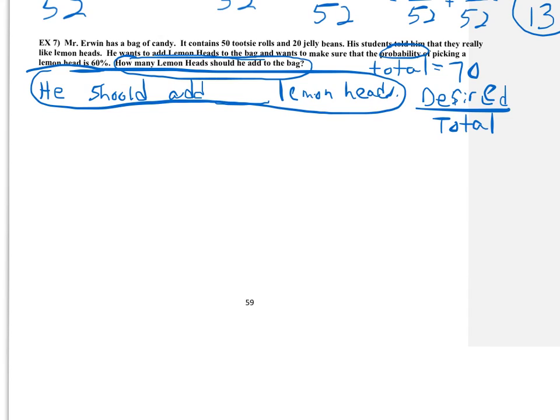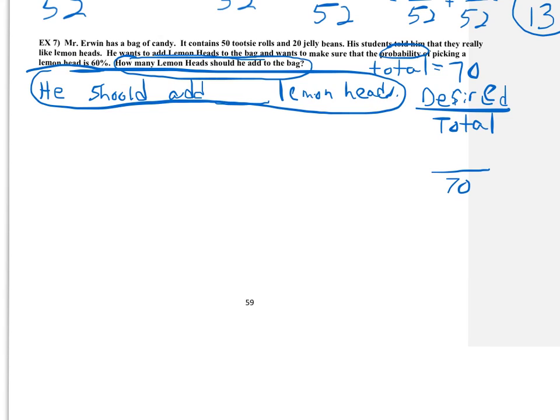Now, we have to think about this. The total that I have is 70, right? But I'm adding lemon heads to the bag, so I'm going to increase the total. Well, what does the 70 increase by? It increases by the number of lemon heads that I add to the bag.